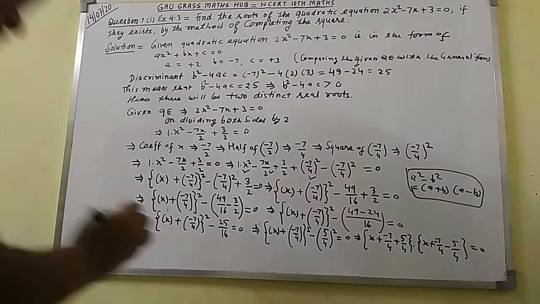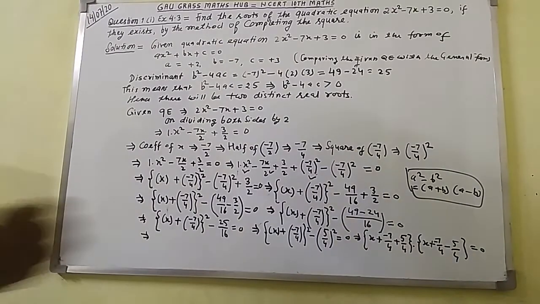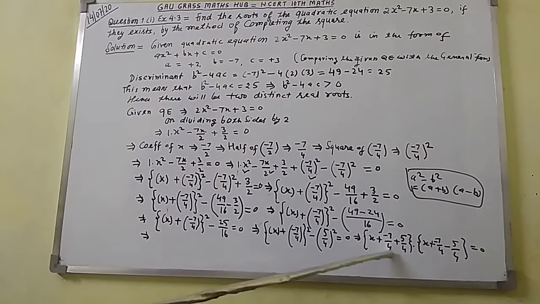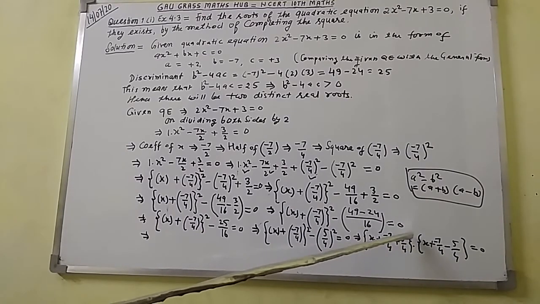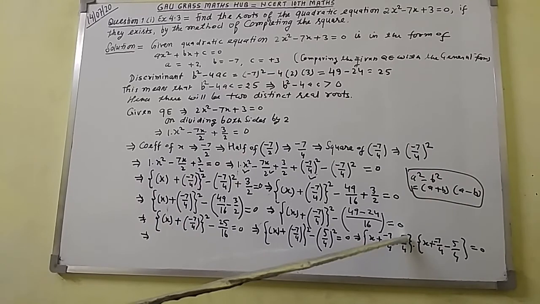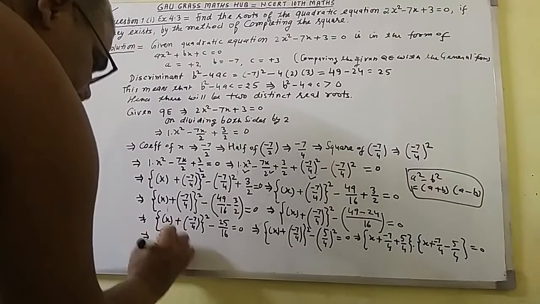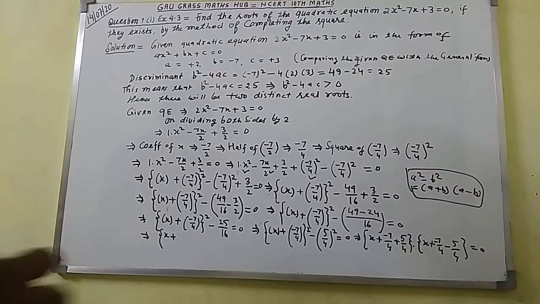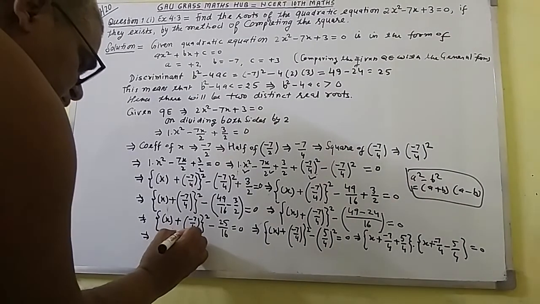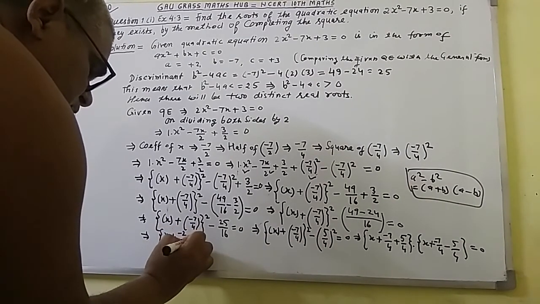Now here 4 is there. Take 4 as the LCM. You will get minus 7 plus 5, you will get minus 2. So here you can write in one bracket x plus minus 2 over 4.